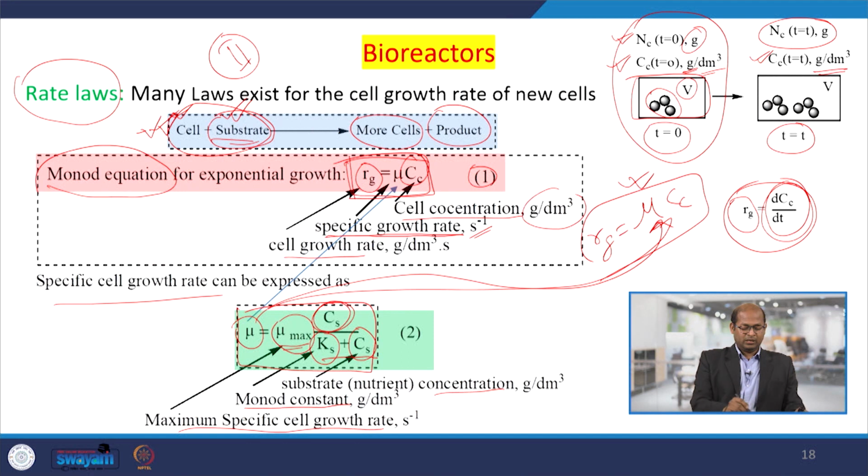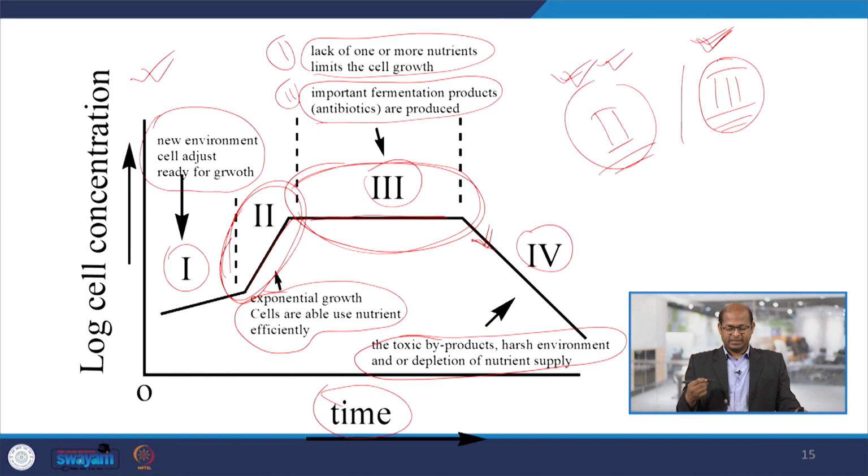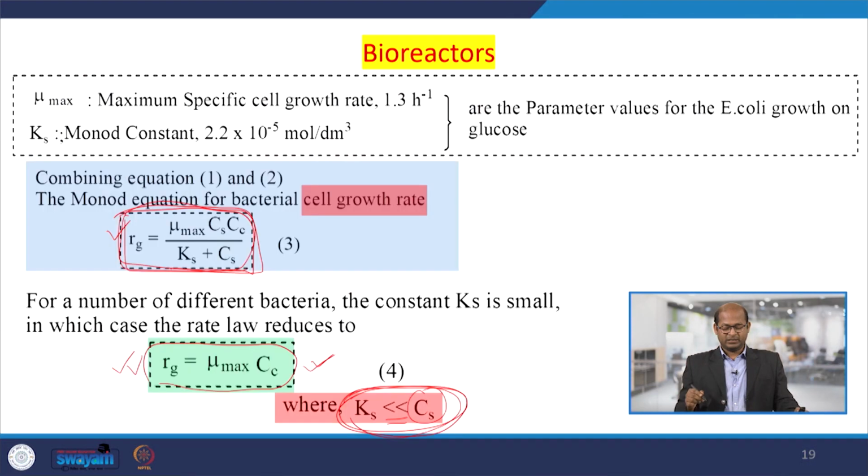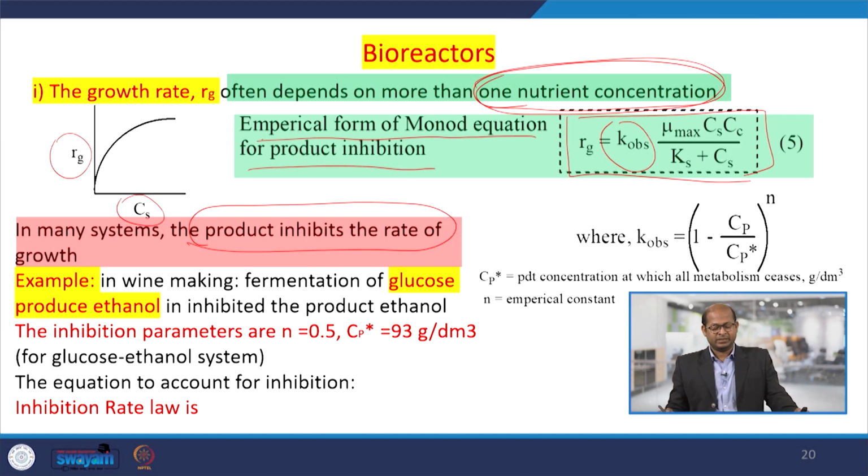In the cell reactions we take cells and substrate, and we get more cells as well as product. This product sometimes inhibits the cell reactions and the cell reaction stops. At this particular stage there is no new cell formation, maybe because product formation is there, and that product may inhibit the cell growth.